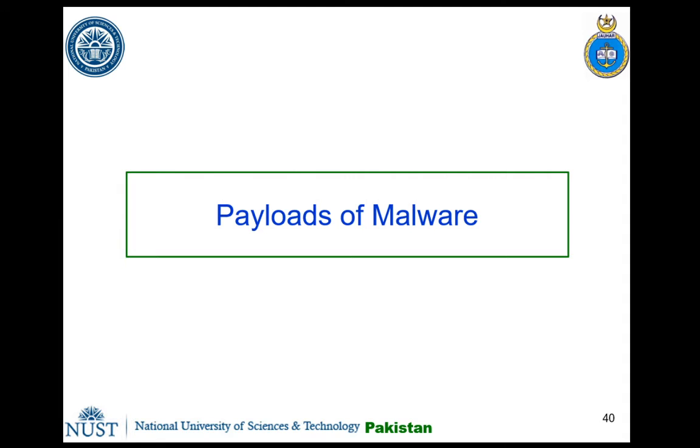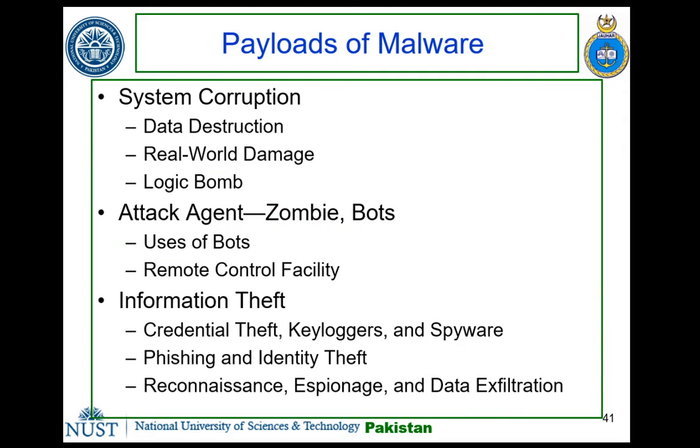Now we will start with the very important topic, that is payloads of malware. Payload actions performed by malware once it reaches a target system can include corruption of system or data files, theft of service in order to make the system a zombie agent of attack as part of a botnet, theft of information from the system, especially of logins, passwords, or other personal details by keylogging or spyware programs.